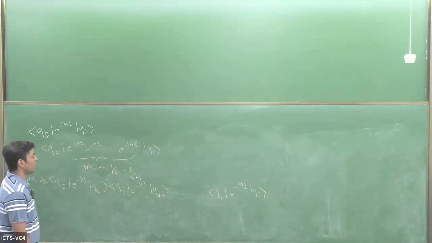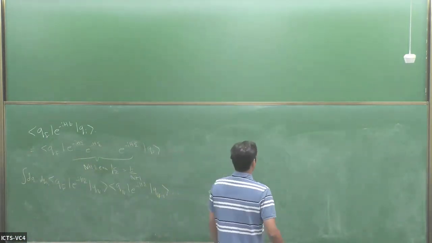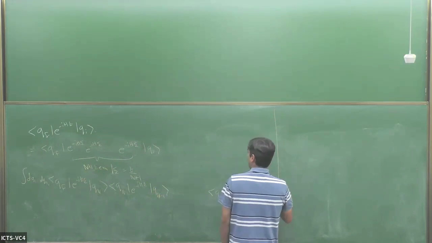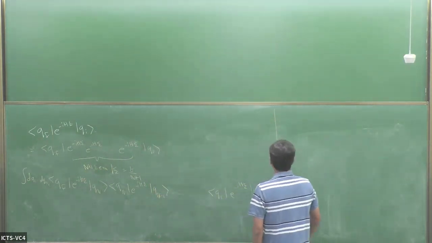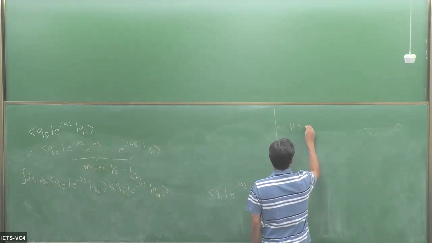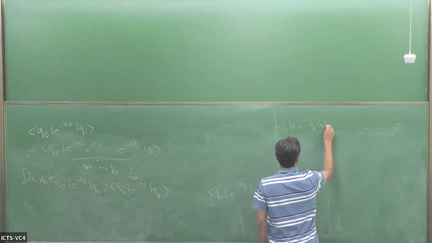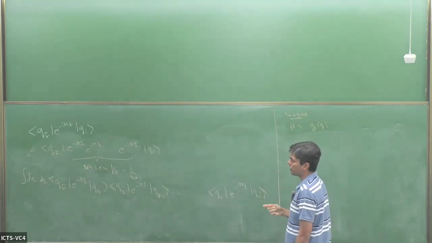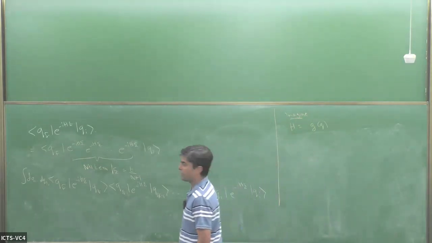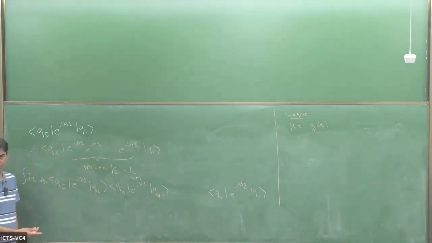Now let's try and understand what are the possible terms we could have inside H. One possible term is that H is maybe some function of q. By the way, a real Hamiltonian will never have only a function of q, but this expression I wrote will give me evolution for any operator.